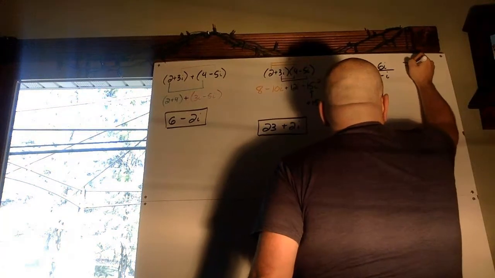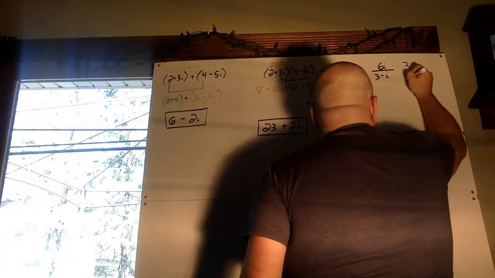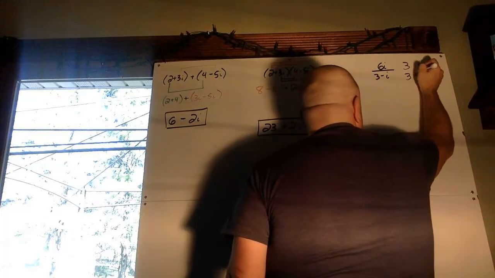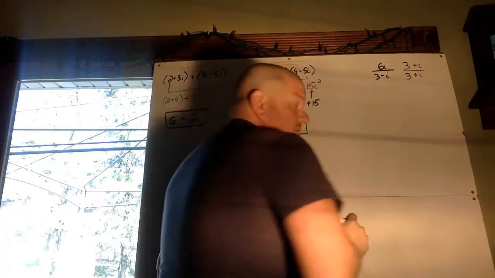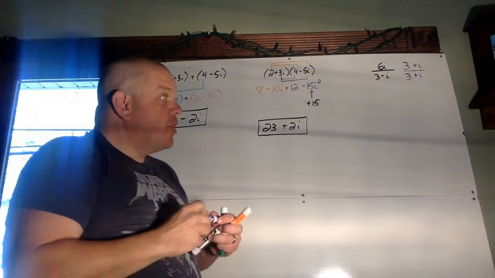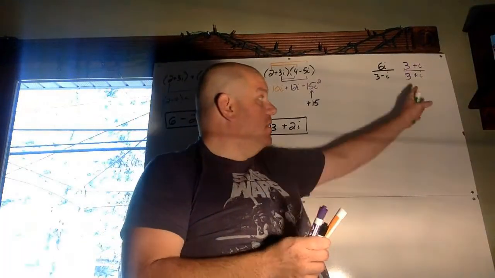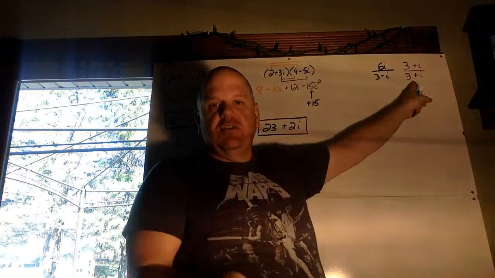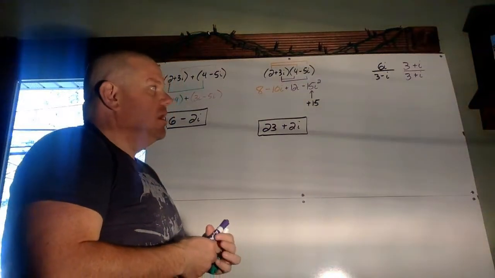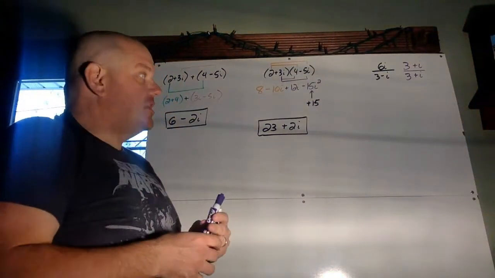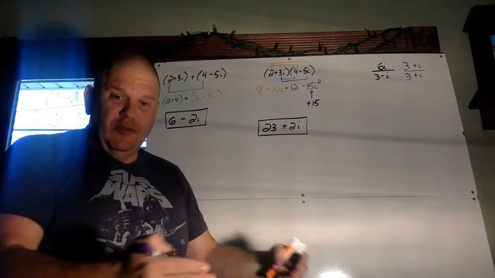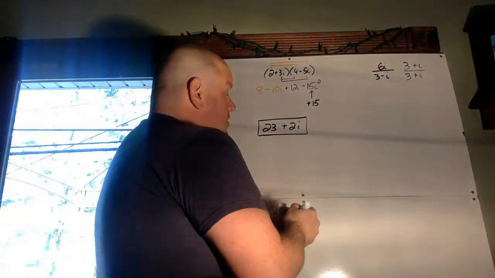So I take the same terms in the same order, but I just switch that negative sign to a positive sign. And now that purple fraction right here is equal to 1. So I haven't changed the value of my fraction yet, but now I've got to do multiplication on top, and multiplication on the bottom, and it's all good.